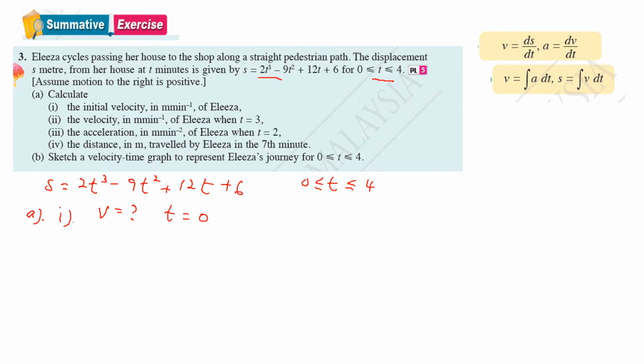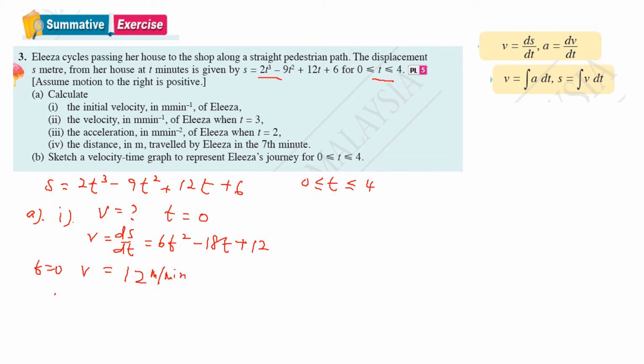We need to differentiate the function of s, so v will be ds/dt, which is 6t squared minus 18t plus 12. When t equals 0, we get 12. The unit is meters per minute.